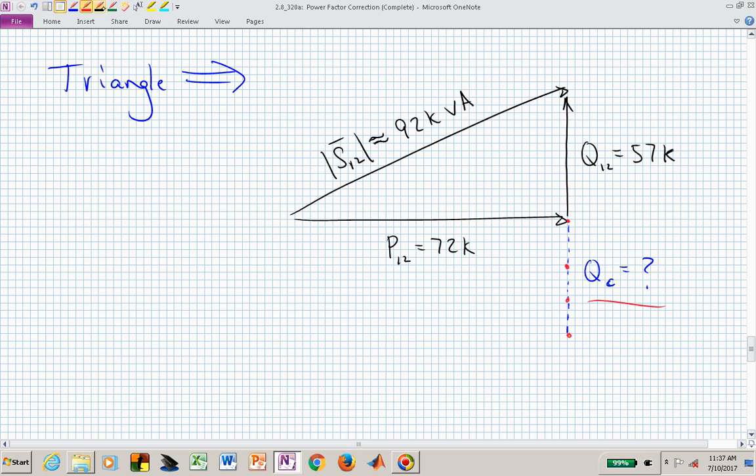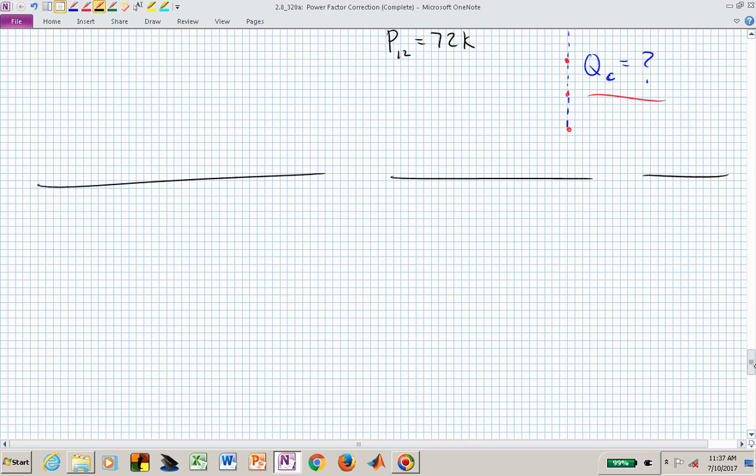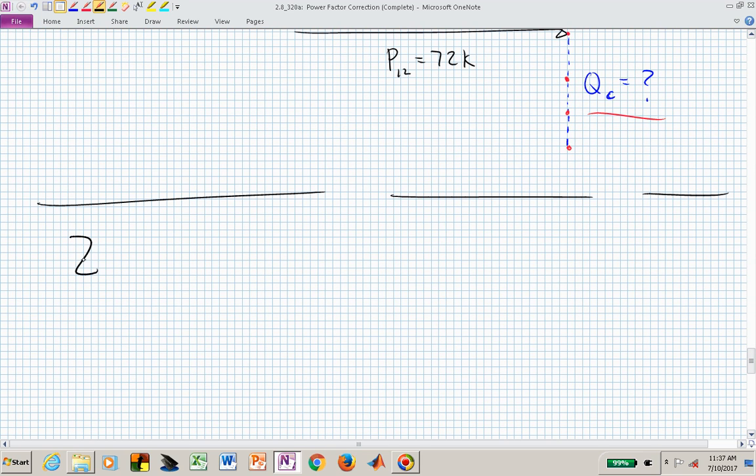And for that, what we can do is just start going back to what we know. And that is, what's the impedance of a capacitor? This you should know until you retire.